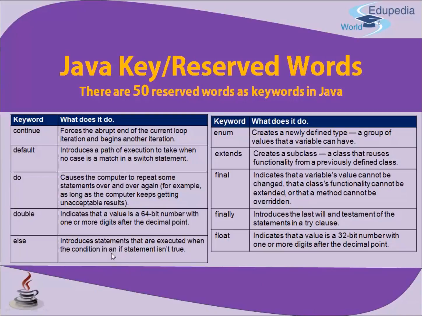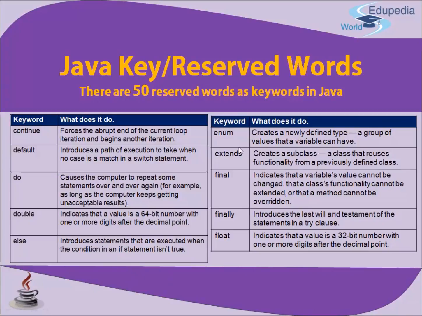Then you have else, which introduces statements that are executed when the condition in an if statement is not true. That means it introduces statements that are executed when the condition in an if statement is not true.